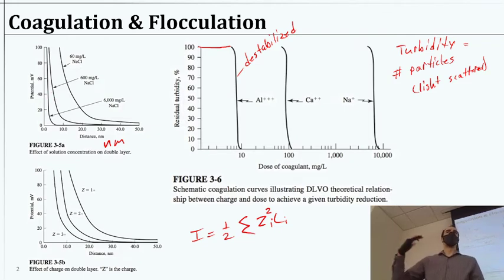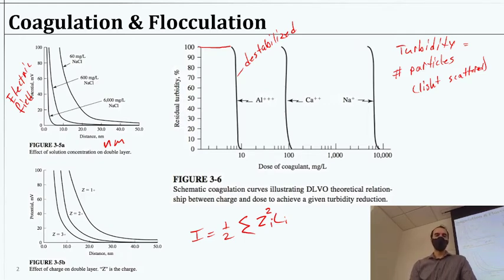So how far into the water, away from a surface, does the electric field travel or exist? And you can see that that's going to change, that the strength, so the strength being the y-axis, so the strength of the field, will decrease as you go further and further away.